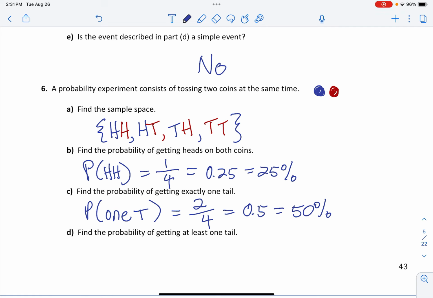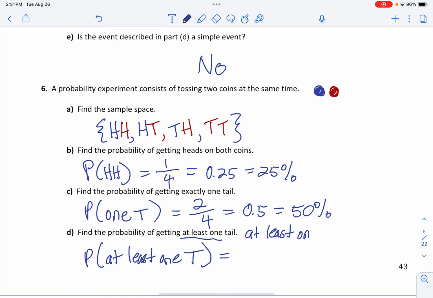And then how about at least one tail? Probability of at least one T. That term at least one confuses people sometimes, but at least one is one or more, right?